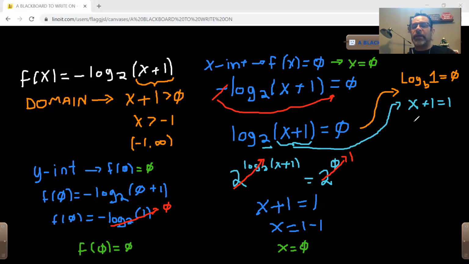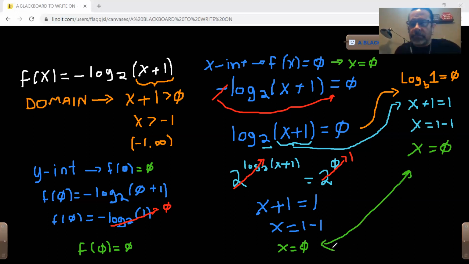It's the same equation that I had here. If this is true, then x is equal to 1 minus 1, and I got to exactly the same thing, which is x equals 0. Okay. So that finds most of what we were looking for.